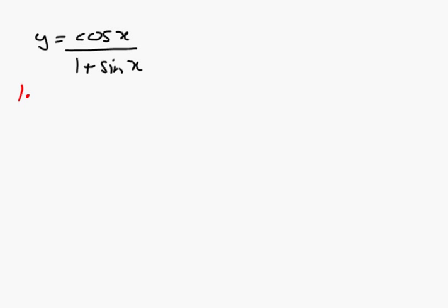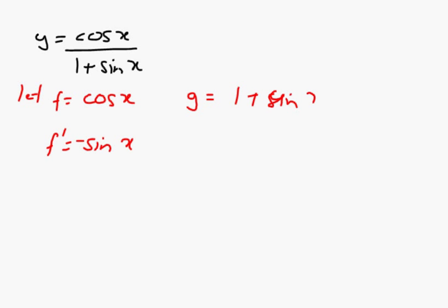So we're going to let f equals cos x, so f dash is negative sine x, and we can let g equals 1 plus sine x.